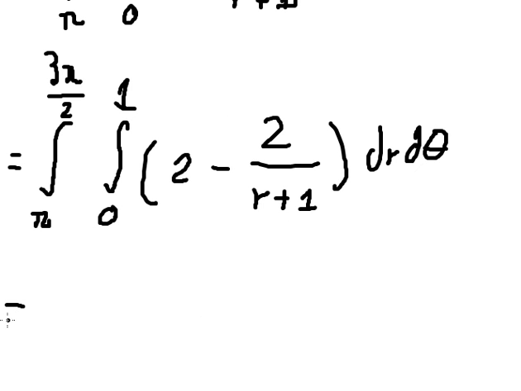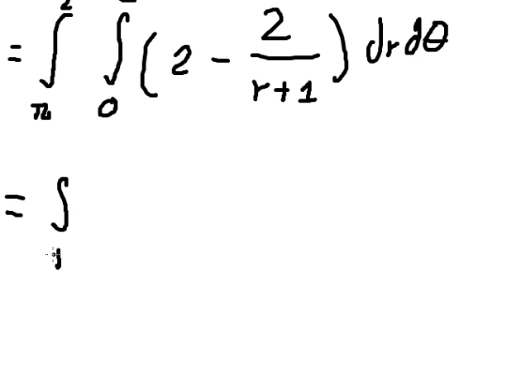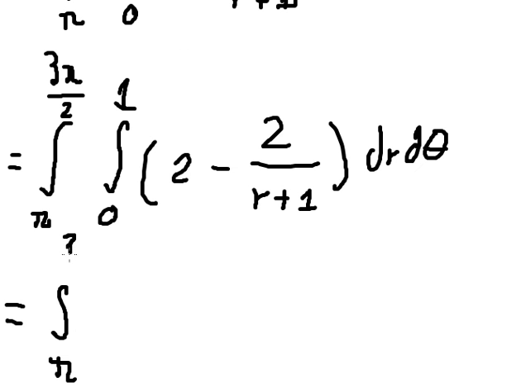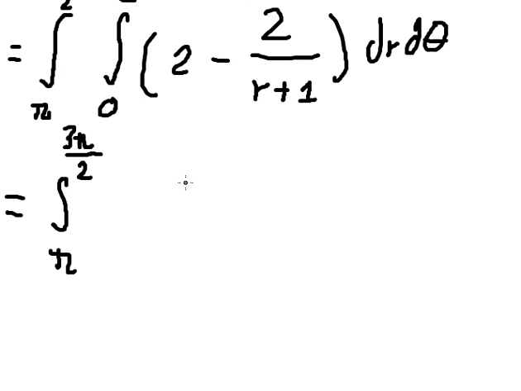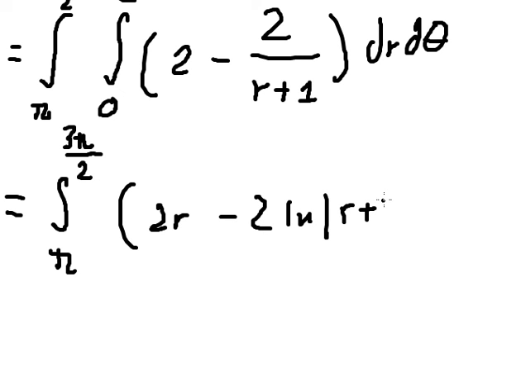The integration of 2 is 2r. The integration of this one is 2 ln of the absolute value of r plus 1.